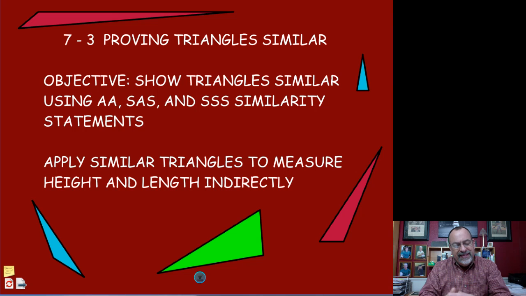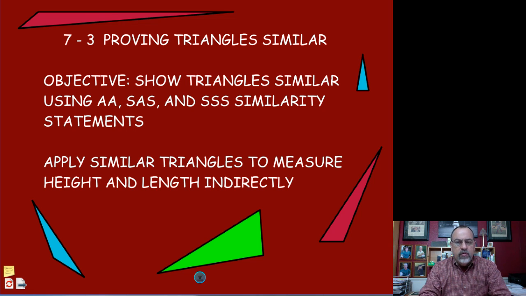So I think similar triangles is a little bit more powerful than maybe congruent triangles, because proportionality is a much more useful thing. We can find a lot of things around us that might be proportional, but not necessarily a lot of things around us that are equal. So proportions become very important.